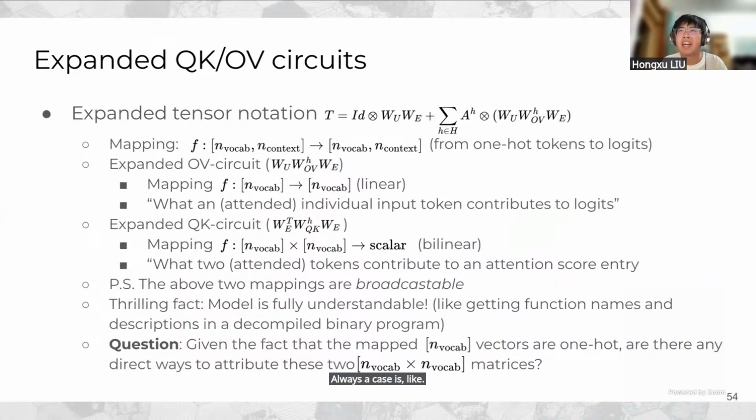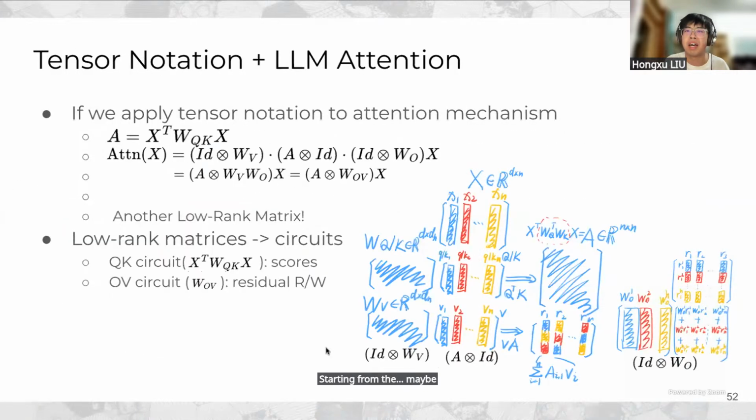Maybe I should go back to the figure I have skipped. We can see that the residual stream is first left multiplied by the value projection matrix.